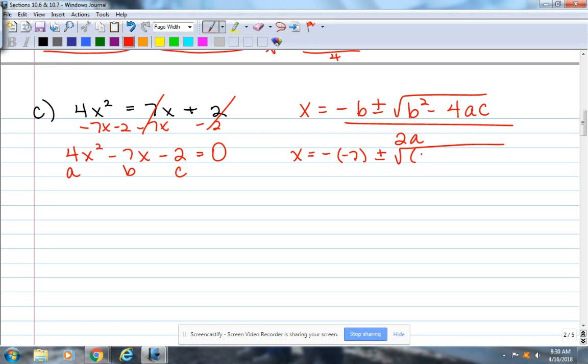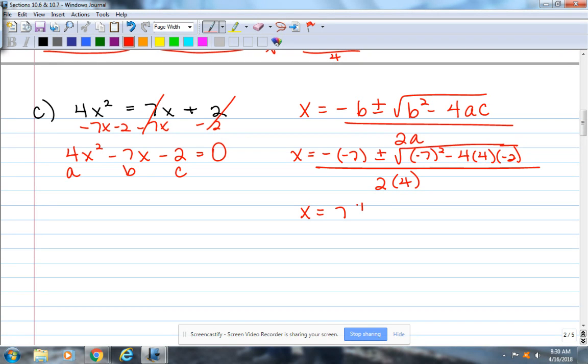What's my b again? Squared minus 4 times what's a? What's c? All of it gets divided by 2 times what's a? 4. And we start simplifying. First of all, what's negative negative 7?